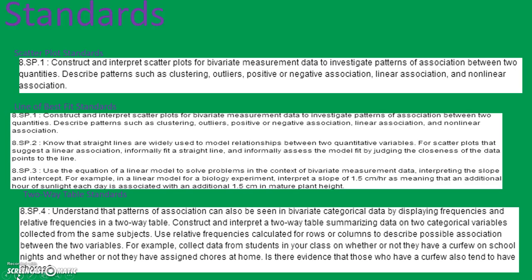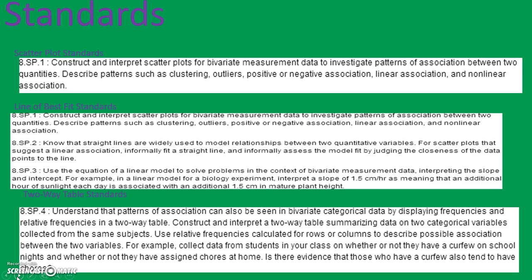For your two-way table standards, it's understand that patterns of association can also be seen in bivariate categorical data by displaying frequencies and relative frequencies in a two-way table. Construct and interpret a two-way table summarizing data on two categorical variables collected from the same subjects.